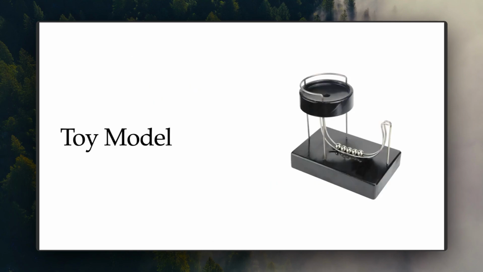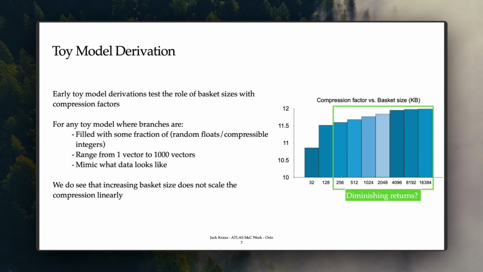So let's start with a bit of a toy model. The original motivation was to see if 128 kilobytes was the best for memory and disk usage. In the toy model, we fill a branch with some fraction of random floating point numbers and compressible integers, to mimic what data would look like.